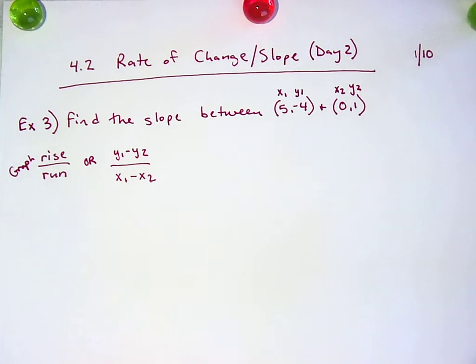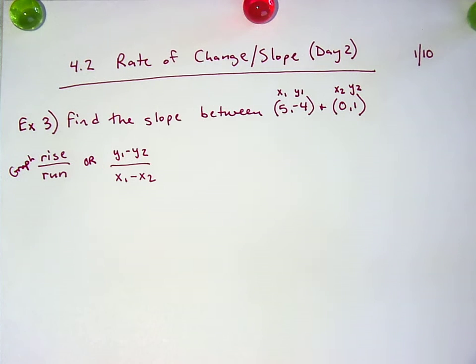Basically it goes from (5, -4) to (0, 1), and so that is how far between 1 and -1. And then it goes over from 0 to 5. The answer is -1.